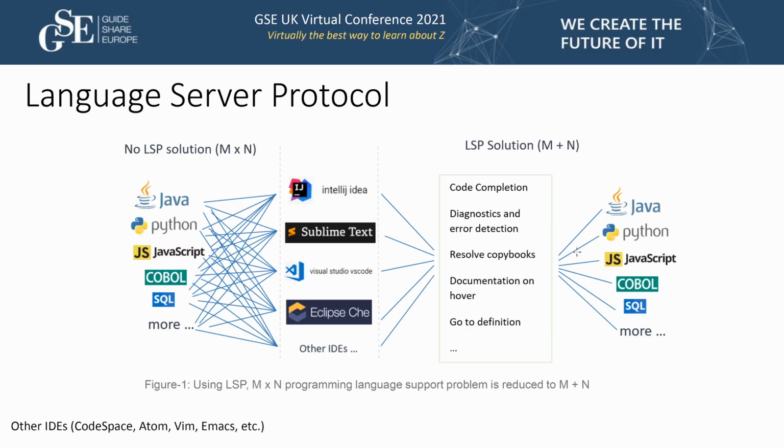This makes quite a big difference: you can just make any language and provide an extension, and you are very safe from the tool point of view at the same time.